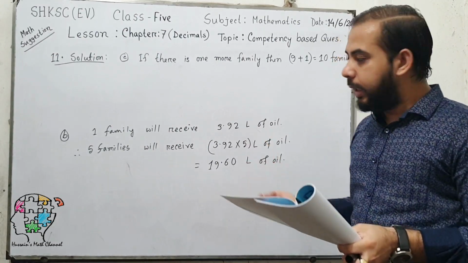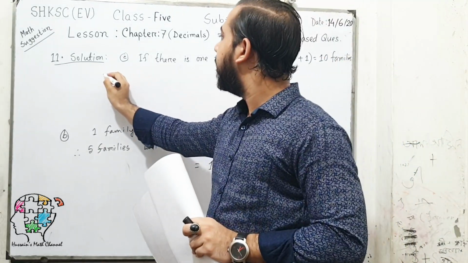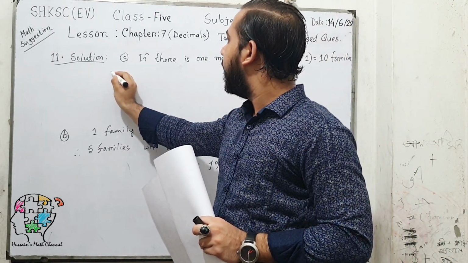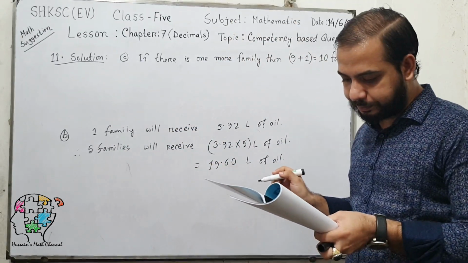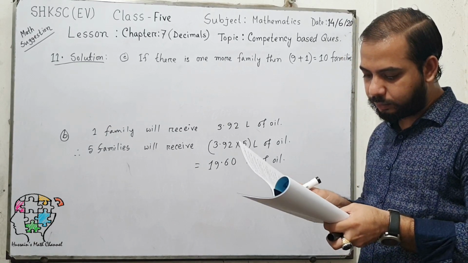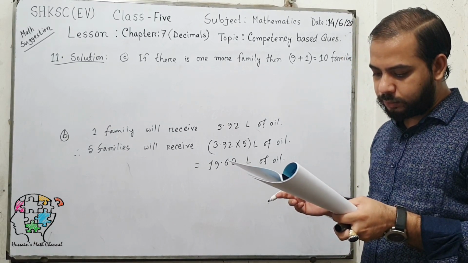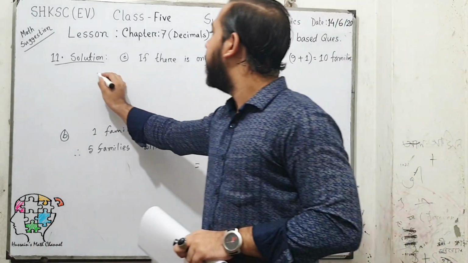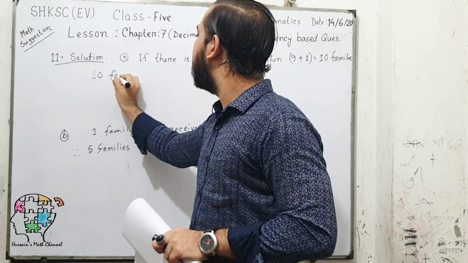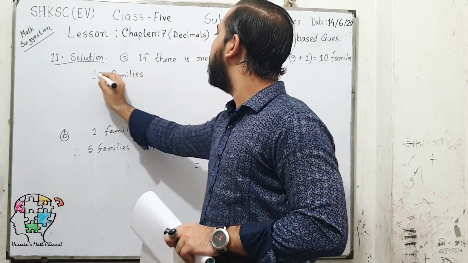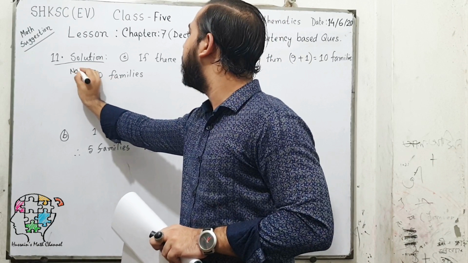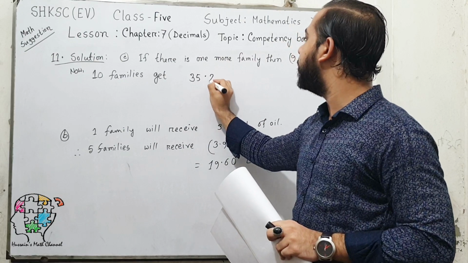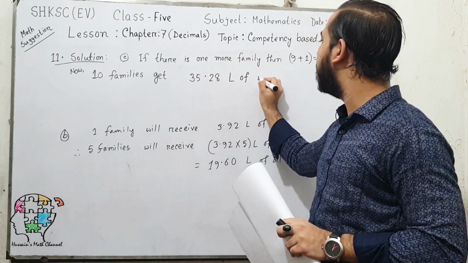So again we have to write that 10 families get 35.28 liters of oil.